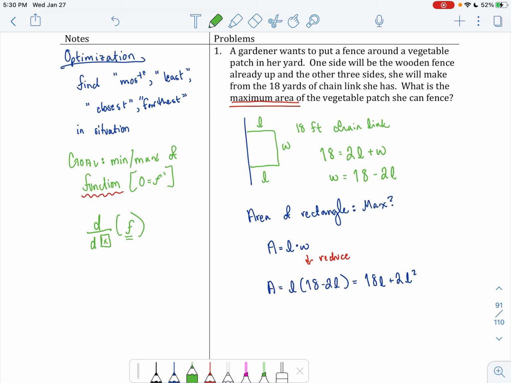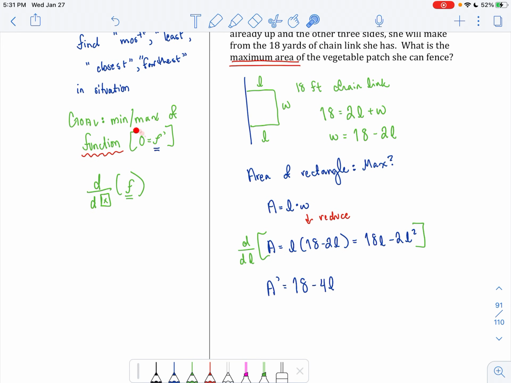Now we just have length, so that means that I can take the derivative in terms of that single variable L. So A prime, the derivative of that function, is equal to the derivative of 18L minus 2L squared, which is 18, whoops, I've been putting a plus in, my apologies, minus 4L, like so.